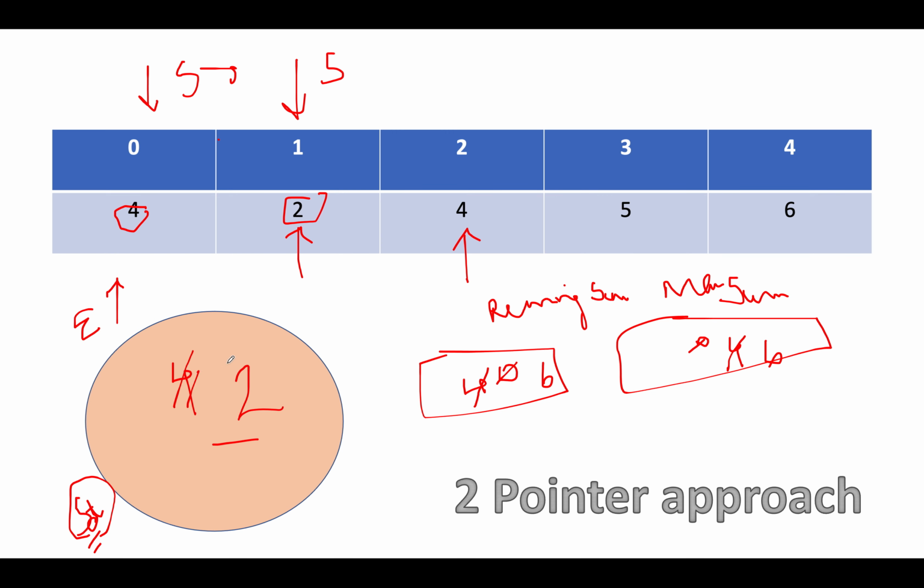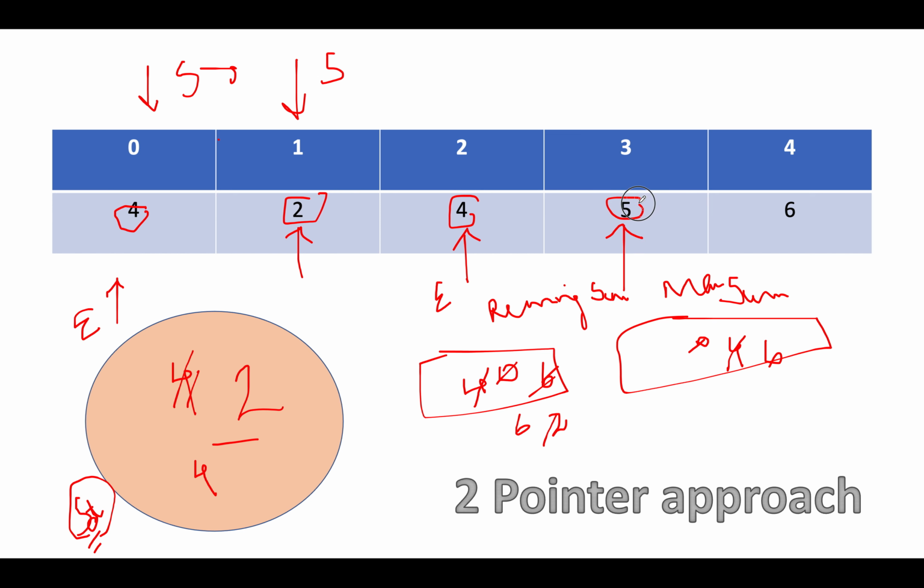So 4 gets deleted, running sum gets reduced by 4, and we'll continue the process. Since we are still at the end index, again we'll continue the same process. We will add 4 back into the set since 4 got deleted in the past, and running sum gets updated back to 6. And next we continue the iteration.